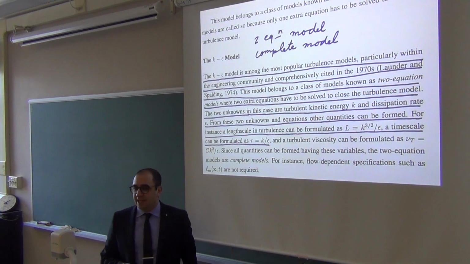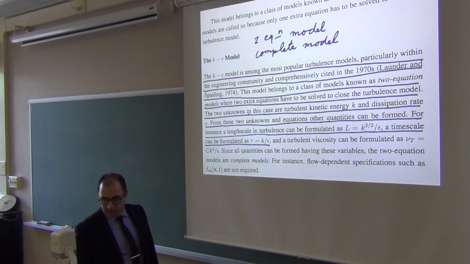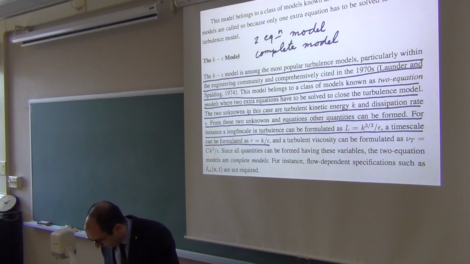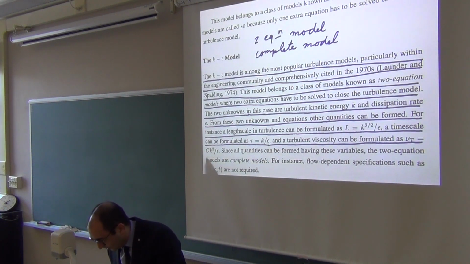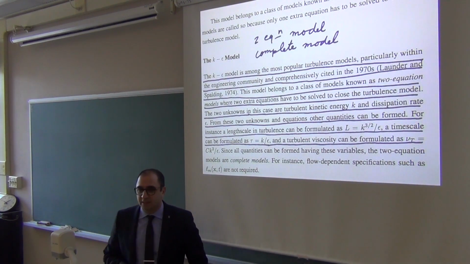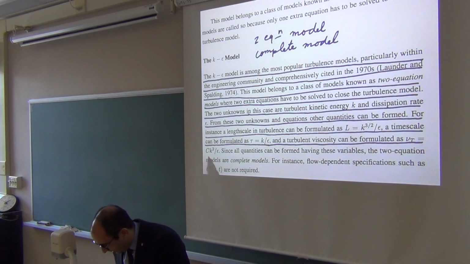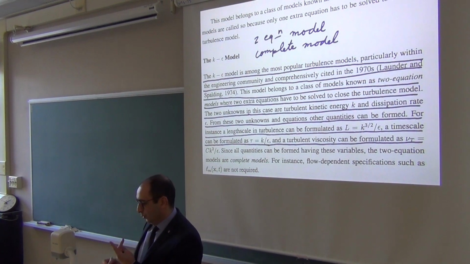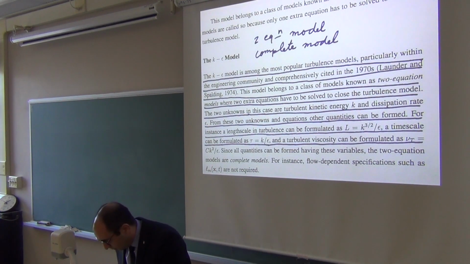You might think of this as length scale of eddies and time scale of eddies. Also, turbulent viscosity can be calculated by these two numbers. So nu T is equal to some constant C, K squared divided by epsilon. So the model is very nice because given two parameters, I can calculate any physical quantity in the flow.